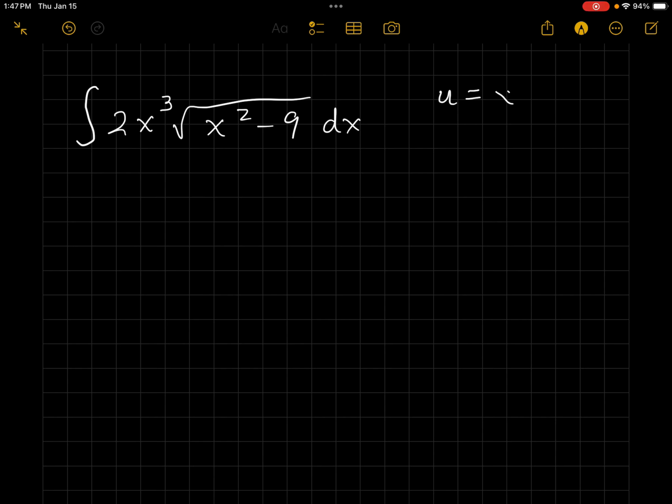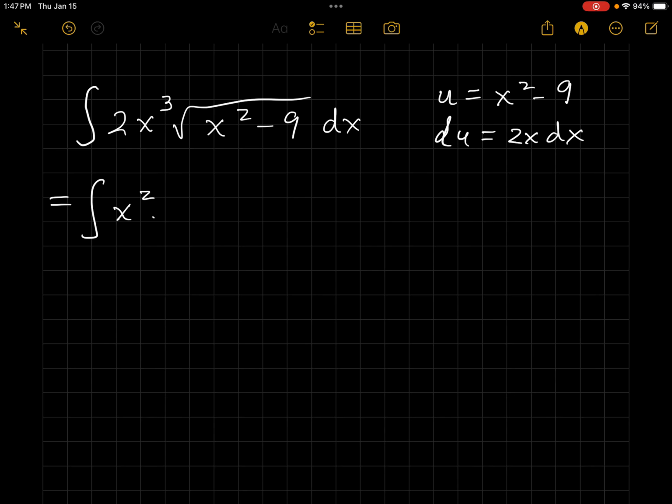I'm going to try u substitution instead. We're going to let u equal x squared minus 9, and du is 2x dx. And you might think that doesn't really seem to help us, but what if I rewrite the problem like this?